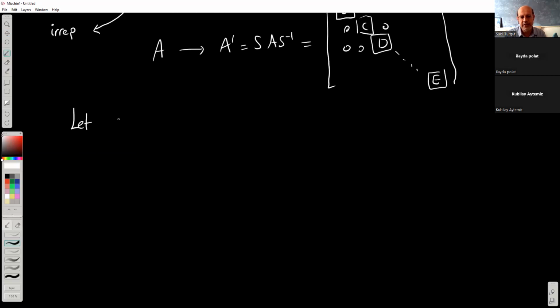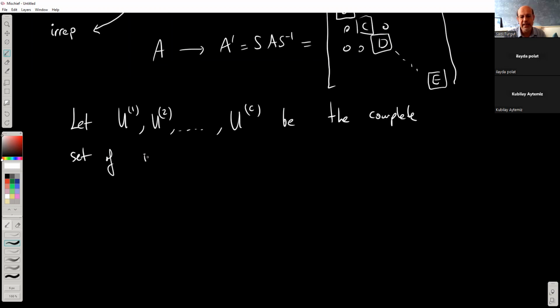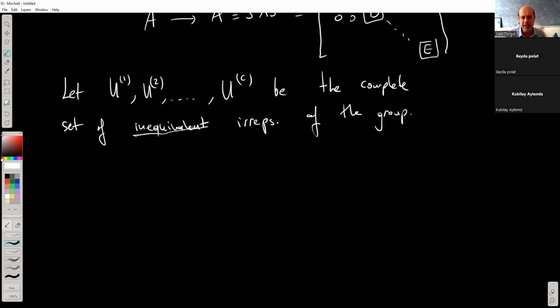So let U1, U2, up to UC be the irreducible representations of, let's say, the complete set of inequivalent irreps of the group. Okay, meaning that they are irreducible.